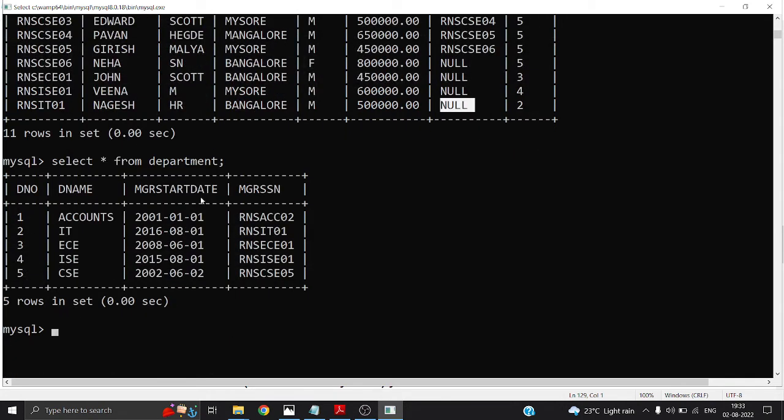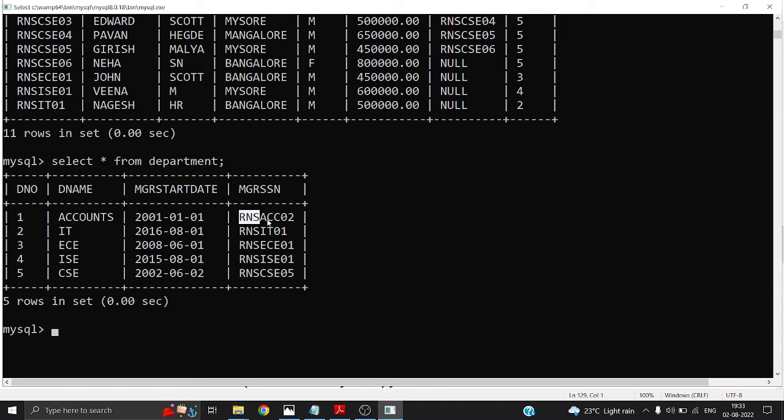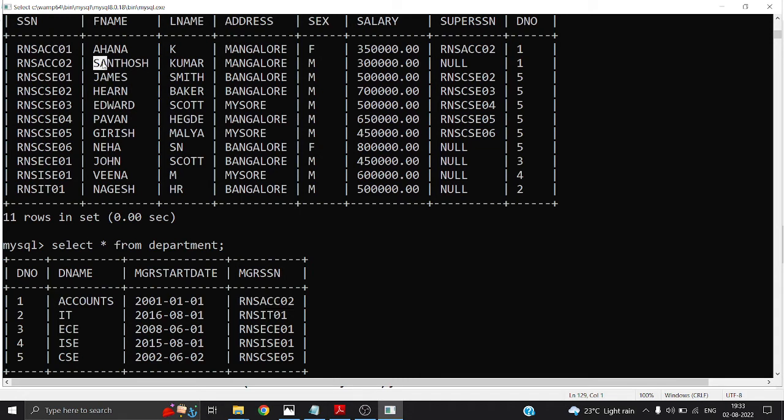Again, coming to the department table, this is going to maintain the information about department details, whereas here you can see RNSAC account 002, he is going to become the manager for the accounts department. That is the second employee, Santosh. No doubt he is a supervisor of this employee. Along with that, Santosh is also a manager for the accounts department.